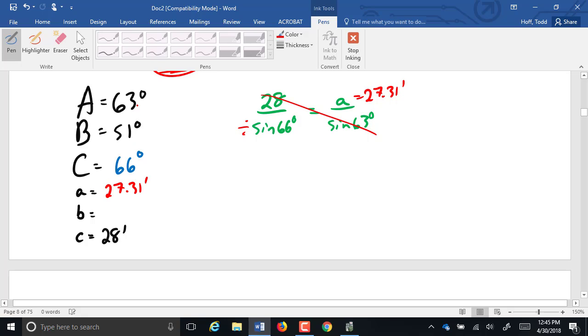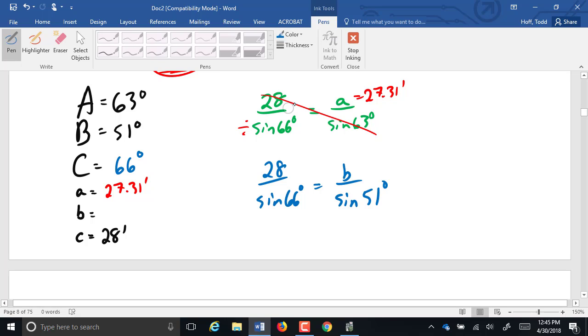Yes, that does make sense. 63 degrees is a little bit smaller than 66 degrees. 27.31 is a little bit smaller than 28. Now, to find B, what are we going to do? Perfect. We go back to our 28 over the sine of 66 again. Then we have B over the sine of 51, its opposite angle.